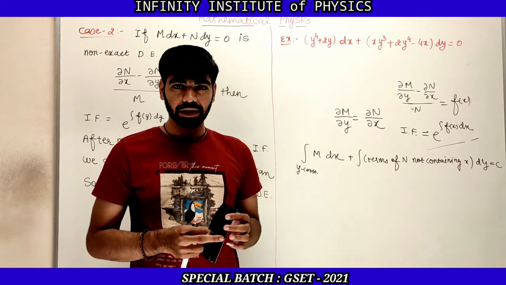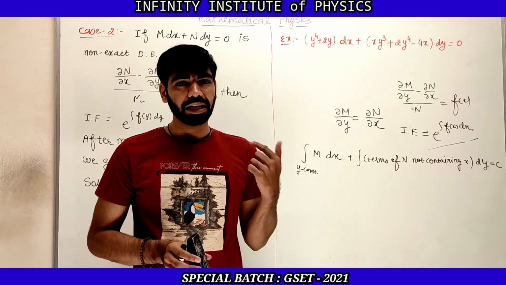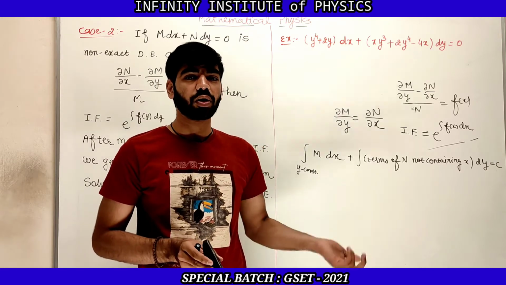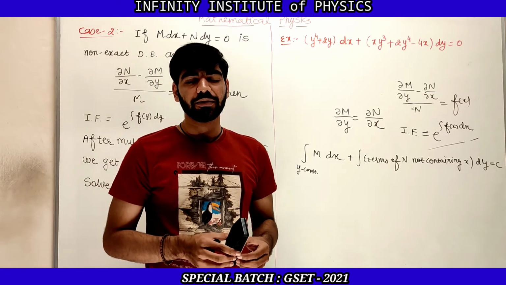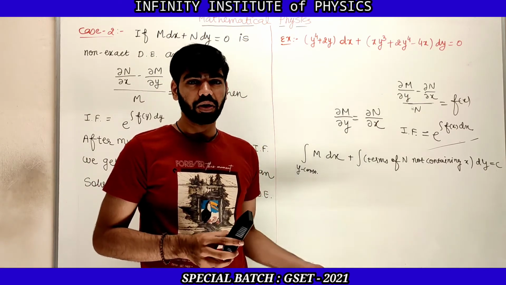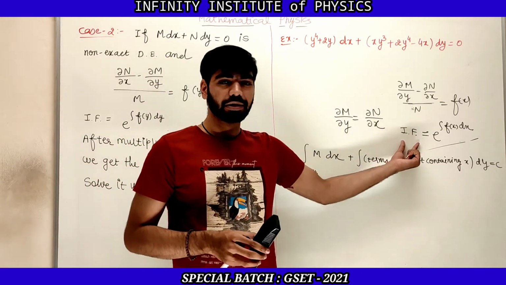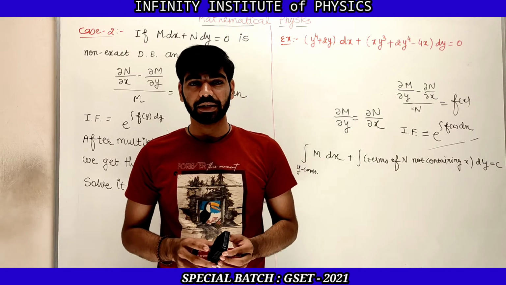An integrating factor is a function by which, after multiplying it to the given differential equation, we can convert it from a non-exact to an exact differential equation. That particular function is known as the integrating factor.